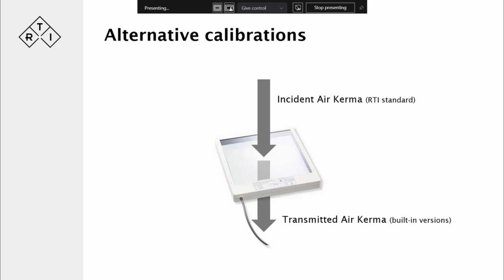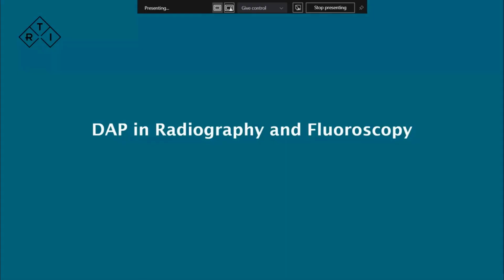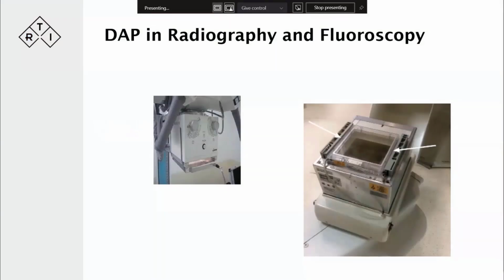And what we can do is then look at how it is used in reality. If we look at radiography and fluoroscopy, many installations already have the DAP chambers built in underneath the collimator, or as part of the collimator, which is typically covered by covers, so that we don't see them directly, like this one for a vascular machine.